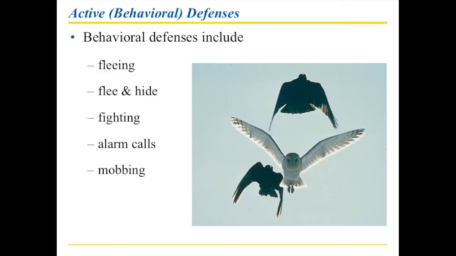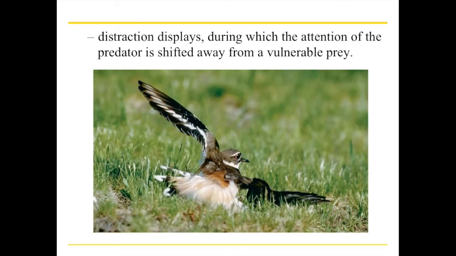Mobbing. This is what's happening to this snowy owl, and you will see this outside here sometimes, where the smaller birds will mob the larger ones when it gets into the area where they're nesting.